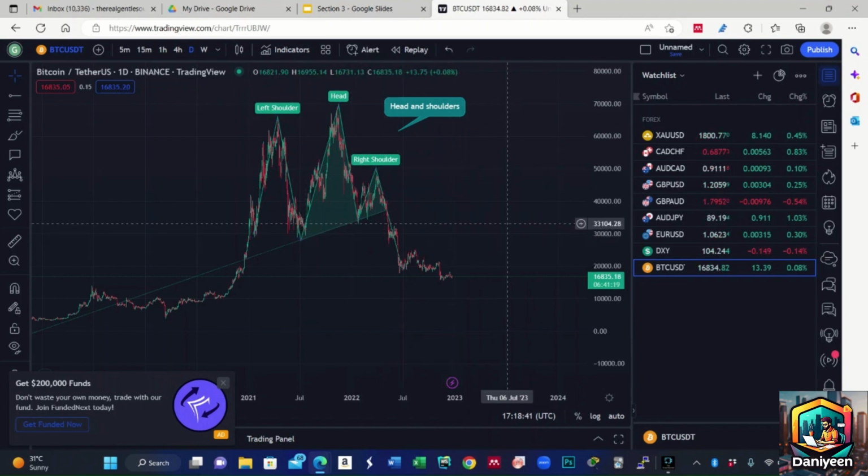So in the forex market, the market can be ugly at times. So both shoulders might not be equal to each other, but there is a high probability that the setup might play out if they are equal to each other, or the right shoulder is higher than the left shoulder. But like in this case, it is not higher than the left shoulder, but it is an example of a head and shoulder pattern.